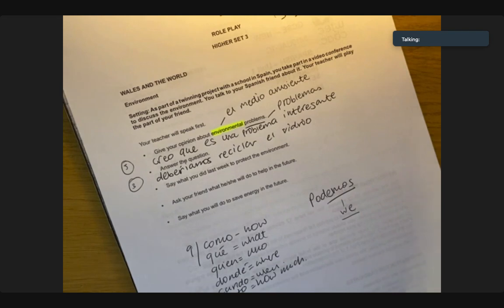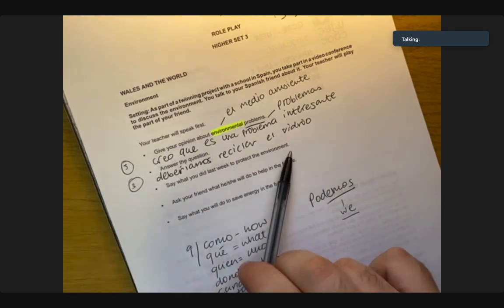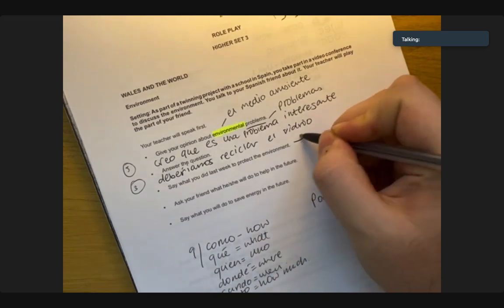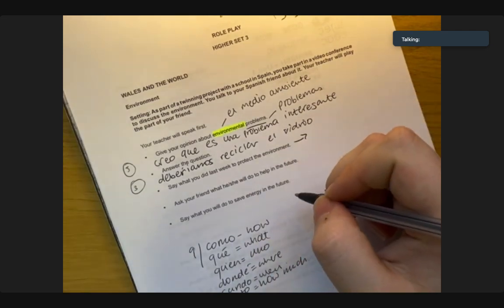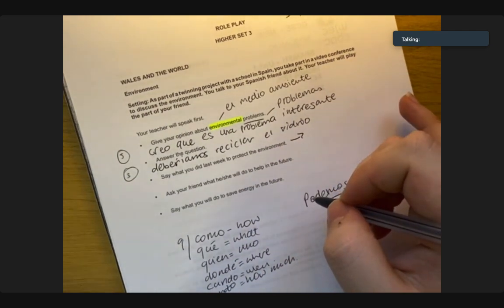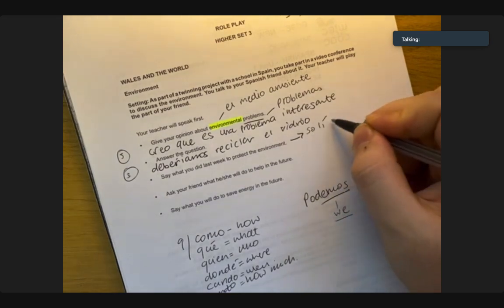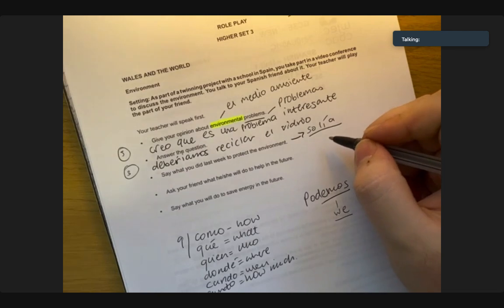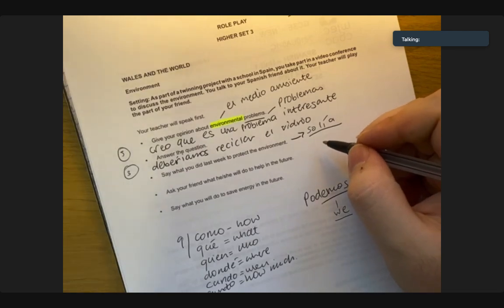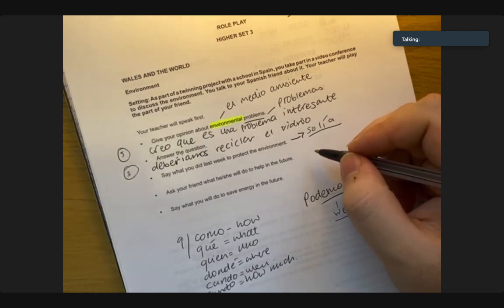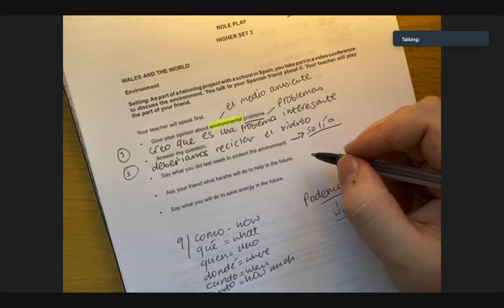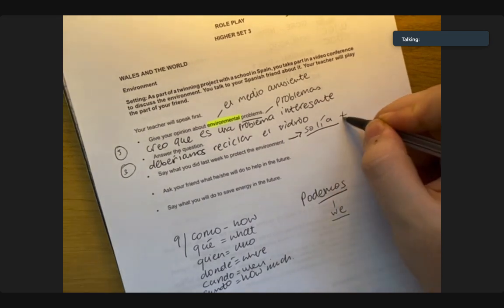Simple, done. Now, the next question is, say what you did last week to protect the environment. So, because this is in the past tense, we are either going to be conjugating the verbs to say that we did it in the past, or are we going to use solía? Now, I would always use solía if you want to make sure that you definitely get the marks, because conjugating a verb on the spot can be tricky. So, solía plus an infinitive.